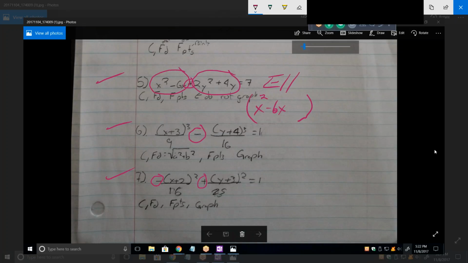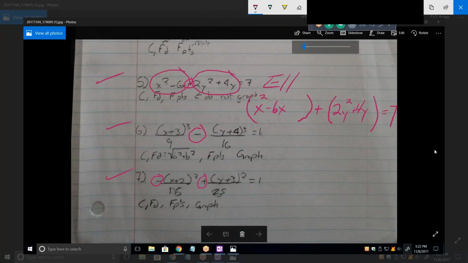That's why I left that big gap. Now they're being added, and I want to put parentheses around the y terms also. So it's 2y squared plus 4y, leave some room, equals 7.